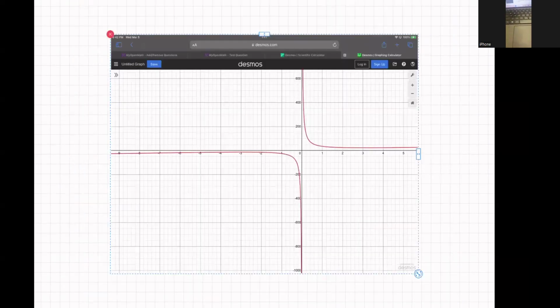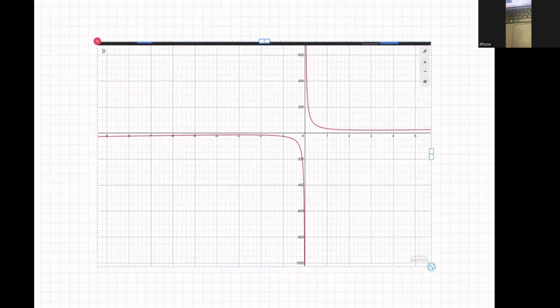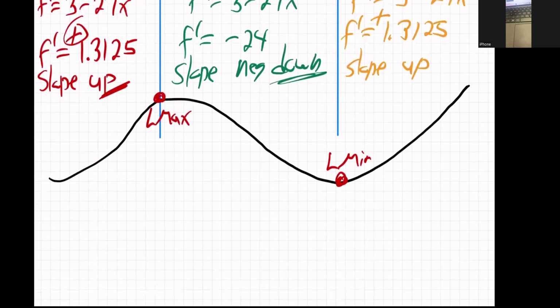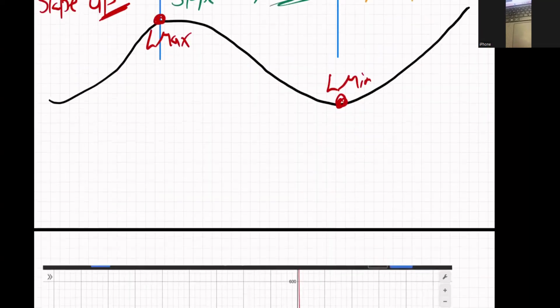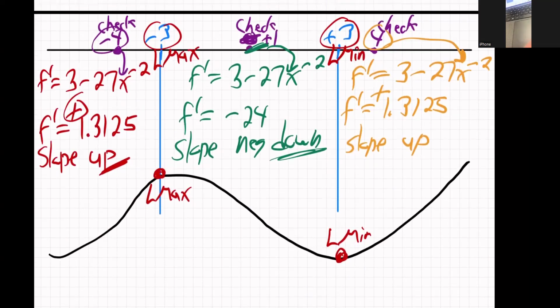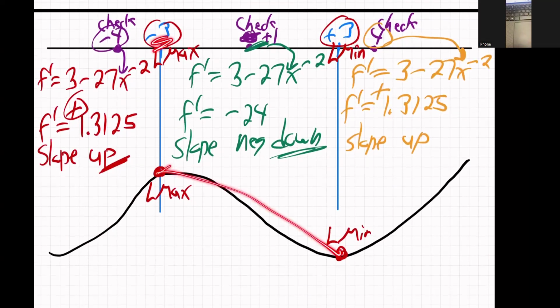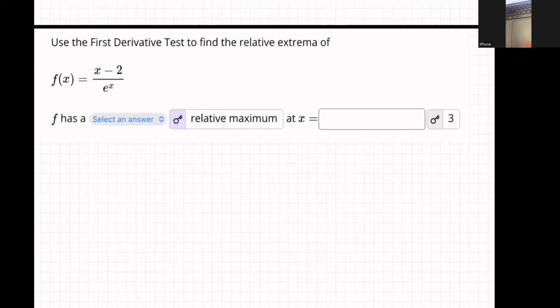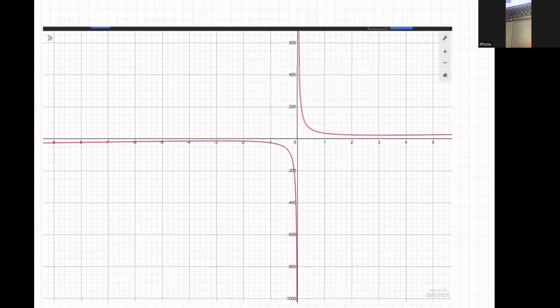Okay. So what did we say? We said the graph's going to go up, up, up till it hits -3, then down, down, down till it hits +3, and then up, right? Well, it technically does do that.